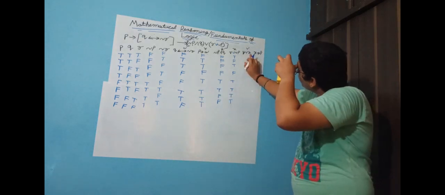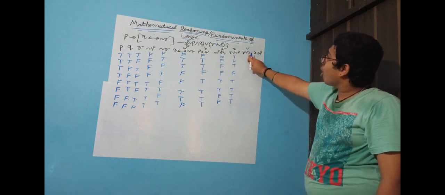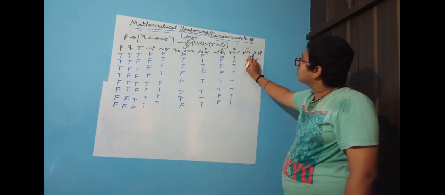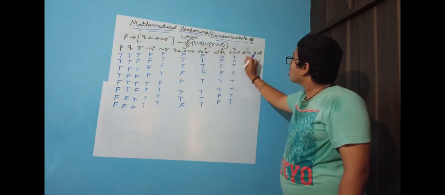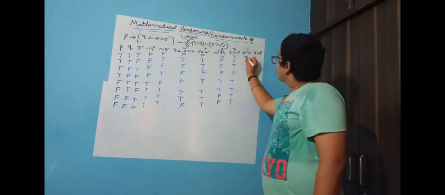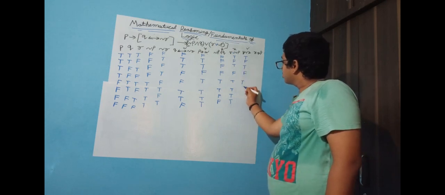Now Y or Z. What is Z? R or negation P. Y or Z we need to compute. This entire part is Y, this is Z. Y or Z. If at least one true, it will be true, otherwise it will be false.